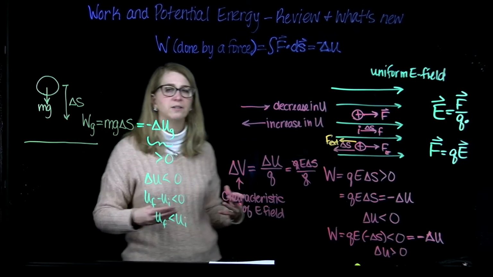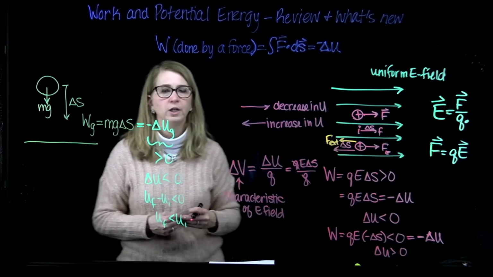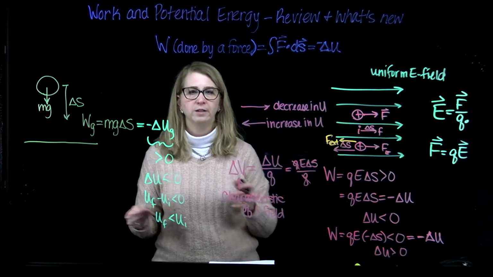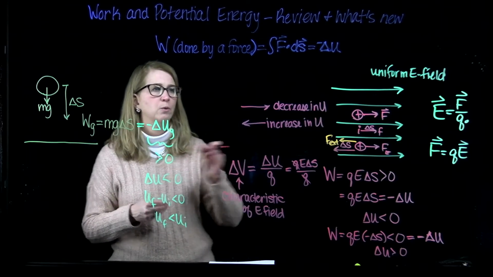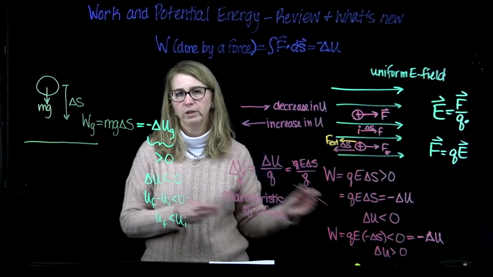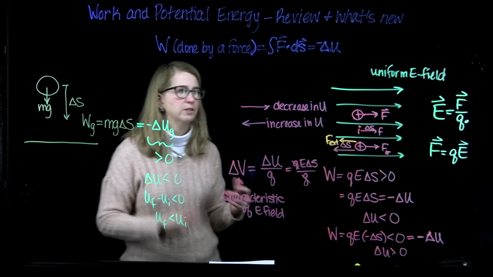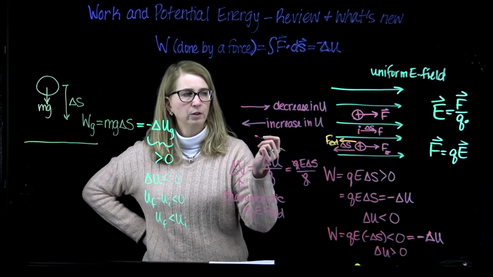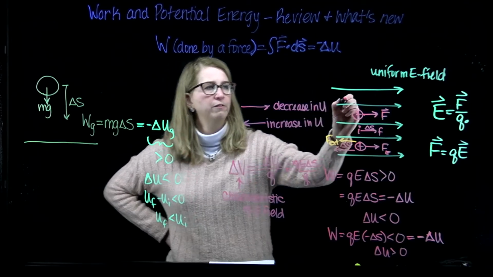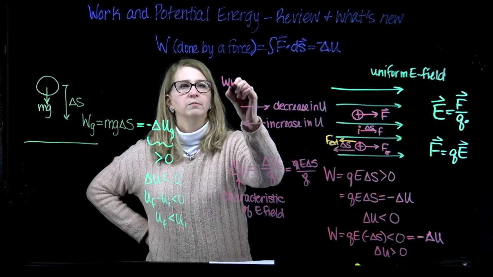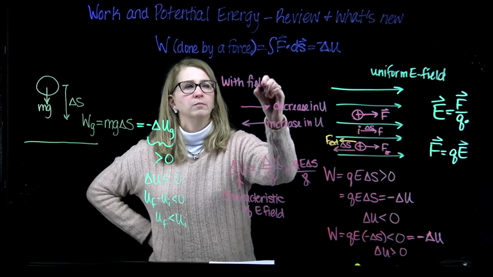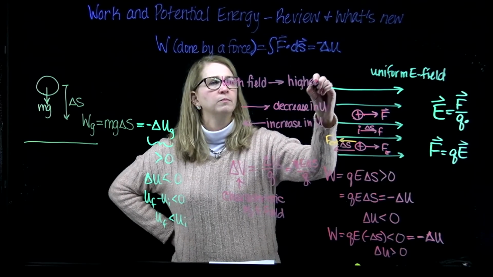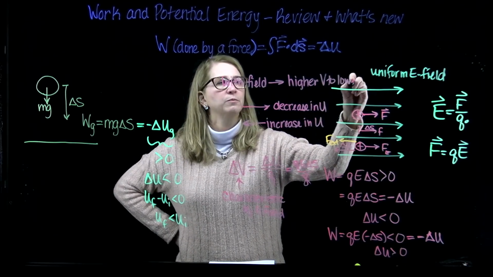The idea is that when we move around in the electric field, we actually go through changes in potential. Of course, it only really applies, and we'll talk about that in more detail in class, when we move either with the field or against the field. But using this idea, if we go with the field, moving to the right, we're going from higher potential to lower potential.